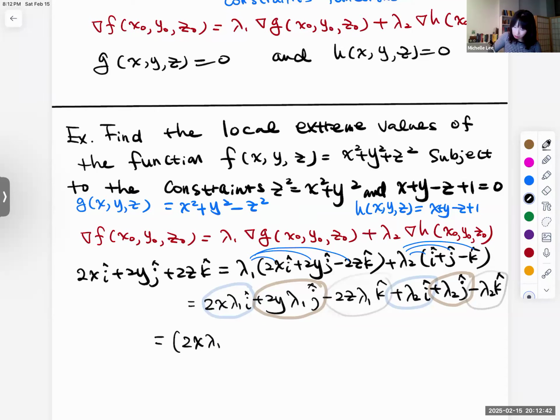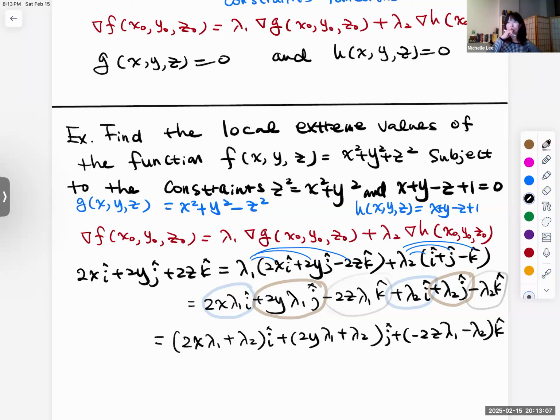So 2x lambda 1 plus lambda 2 i hat, and plus 2y lambda 1 plus lambda 2 j hat, and plus negative 2z lambda 1 minus lambda 2 k hat, right?